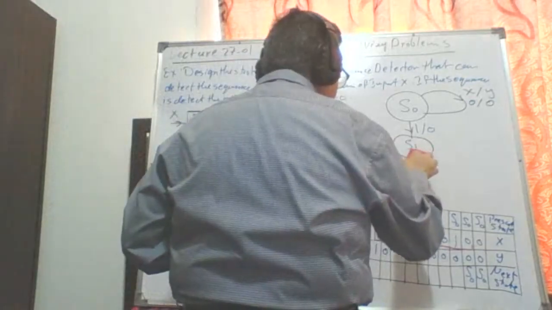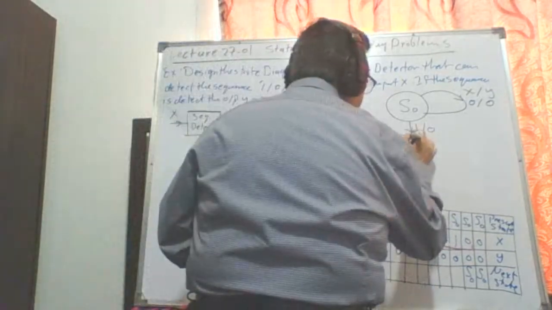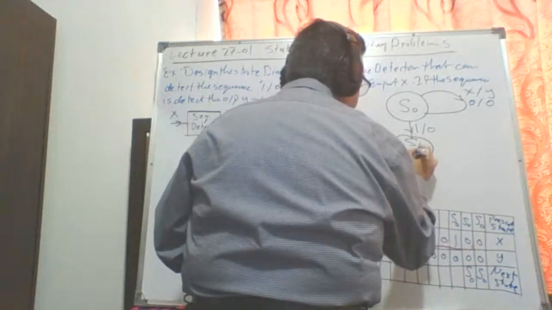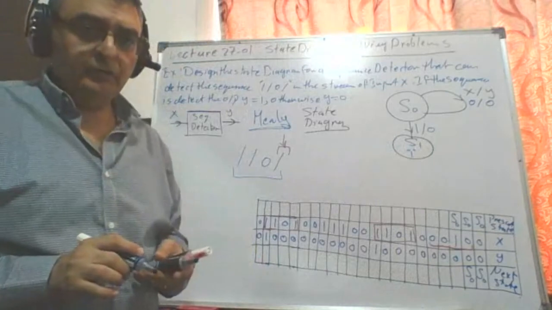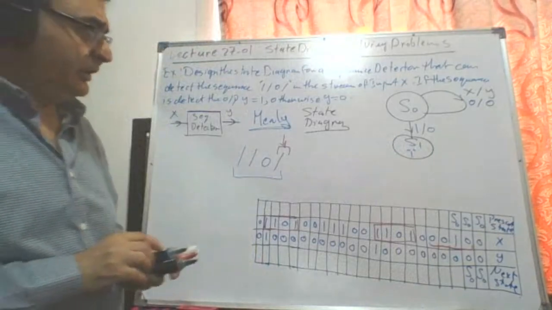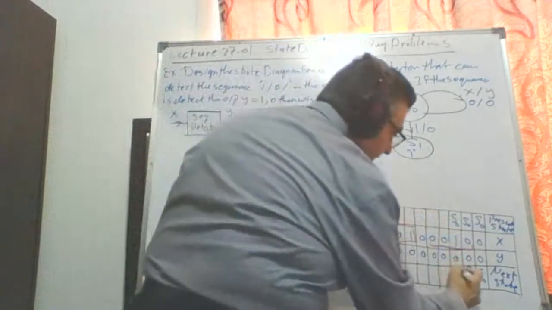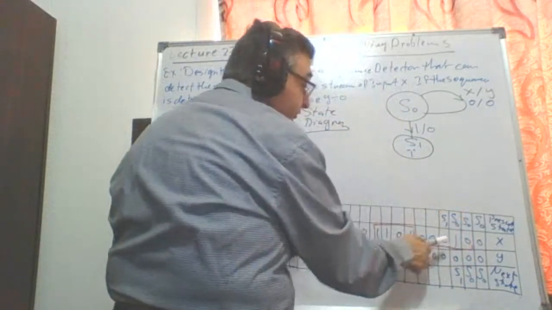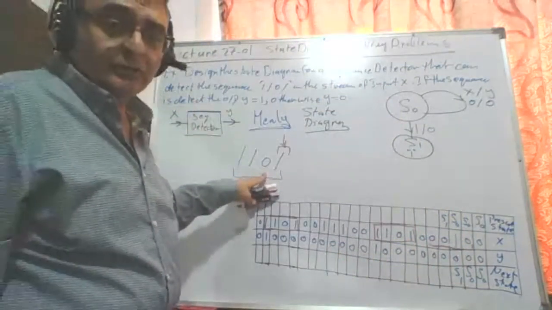This is actually my memory. I just want to rewrite this in a nicer way. S1 means I received the first 1. Agree? Then next, I am now in S1 and I received 0. Do you want to remember this or not?